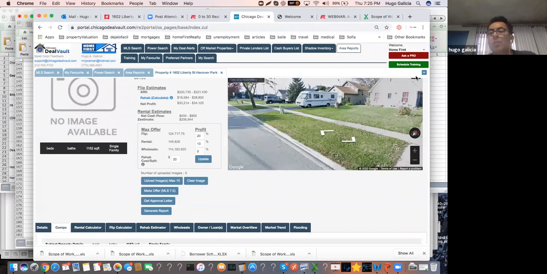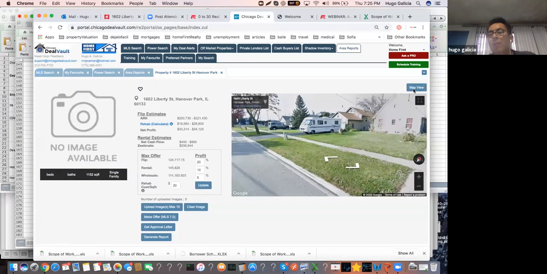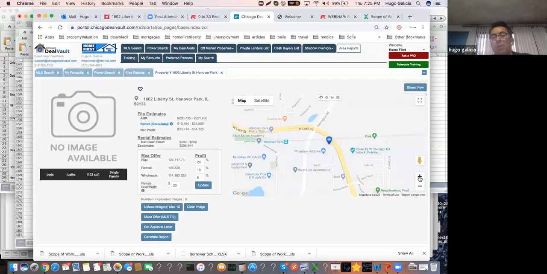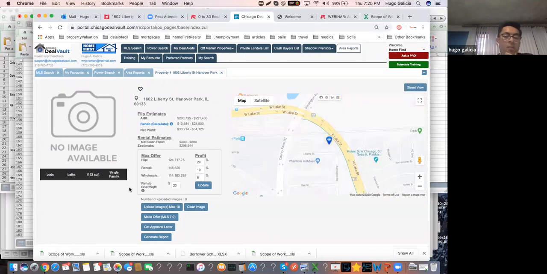So I'm going to switch back to the map. And it's right next to here, map view, right here. So let me zoom in. It's just a pretty bad location, right? So to me, it's not worth it at 111,000. It's not worth it.